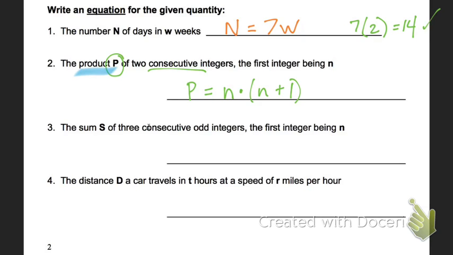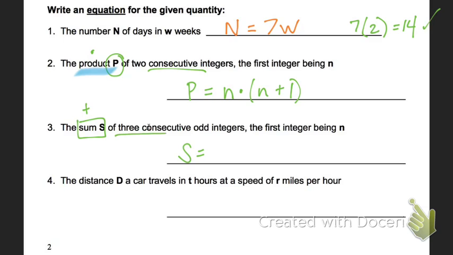Okay, so since we did this one, I want you to try number 3 on your own. Maybe check it with the person next to you. I'm going to get you started. So the sum S, so it's going to be an S equals. Sum means what? If product meant multiplication, sum means addition.